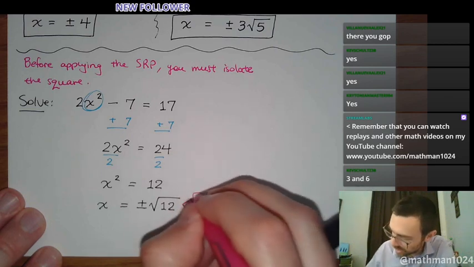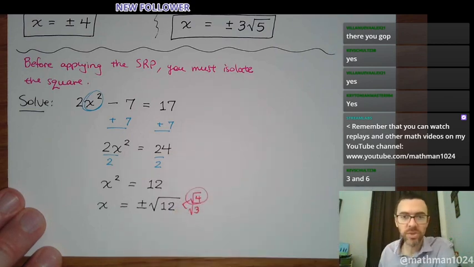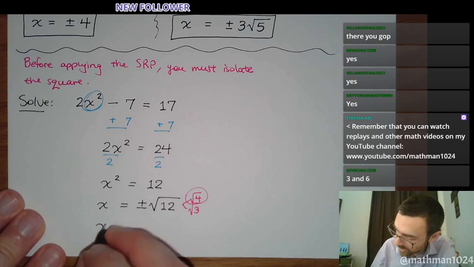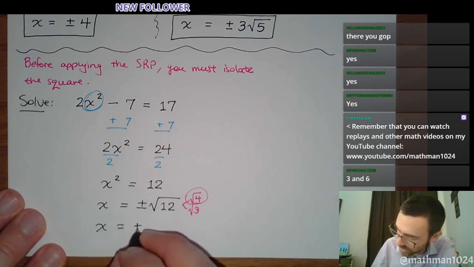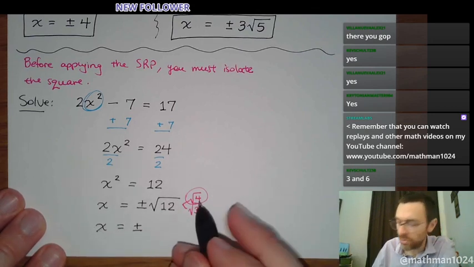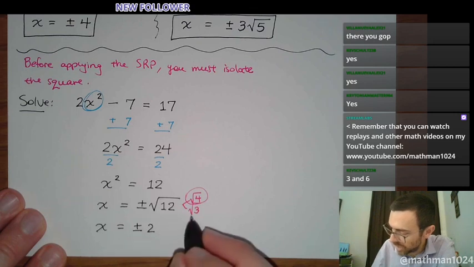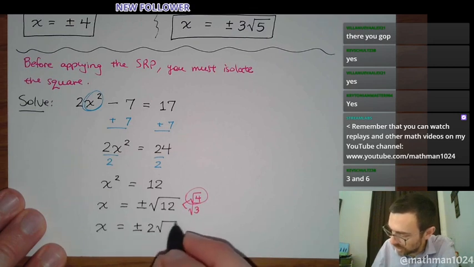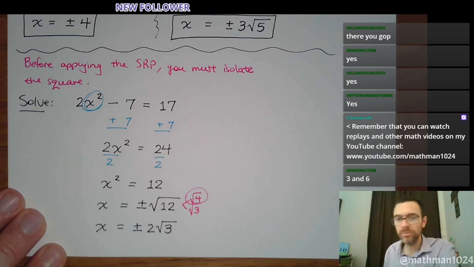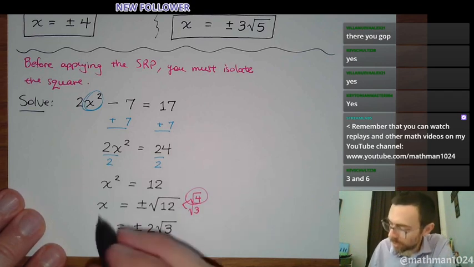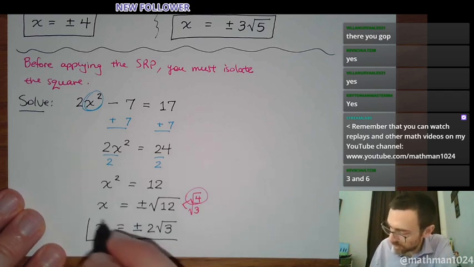And of these guys, here is your perfect square, that square root of 4. So x is equal to plus or minus the square root of 4 gives us 2, and the 3 is the factor that stays inside the radical. So x is equal to plus or minus 2 square roots of 3.